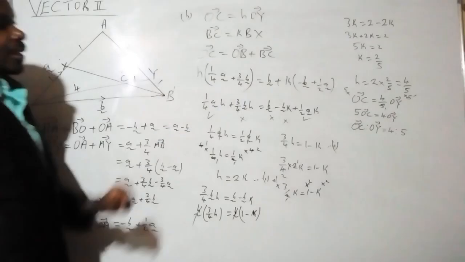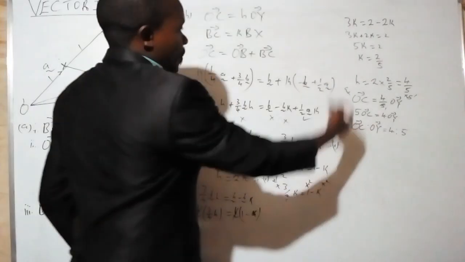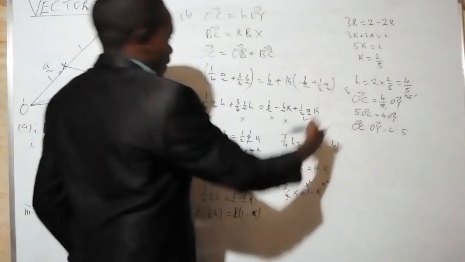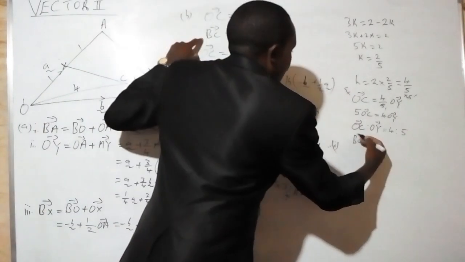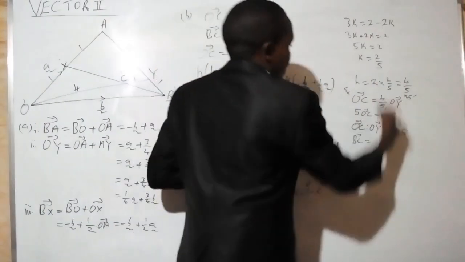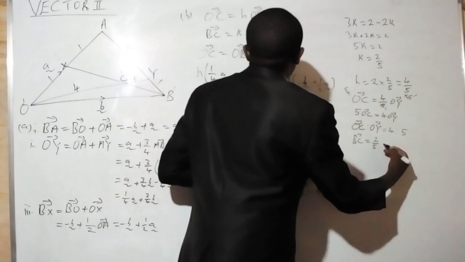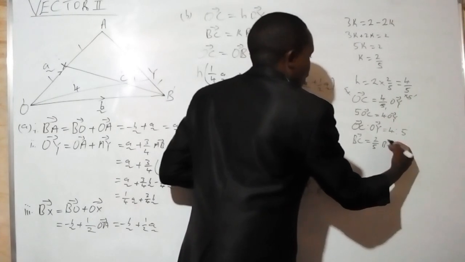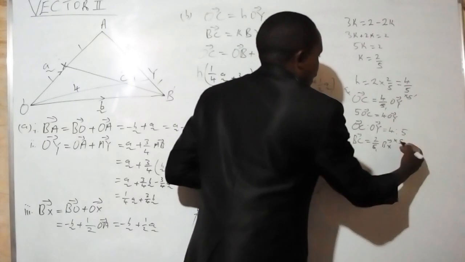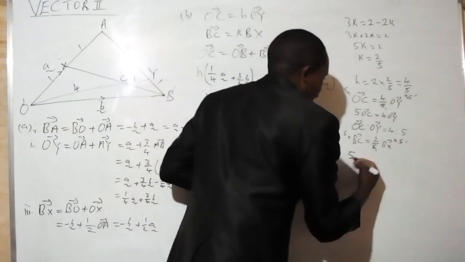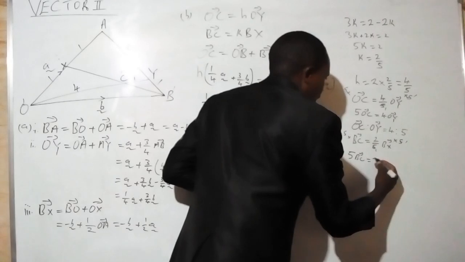Next, we proceed to the other one. It's here, for K. BC is equal to K BX, but K is 2 over 5. Multiply by 5, so that 5 BC is equal to 2 BX, like that.